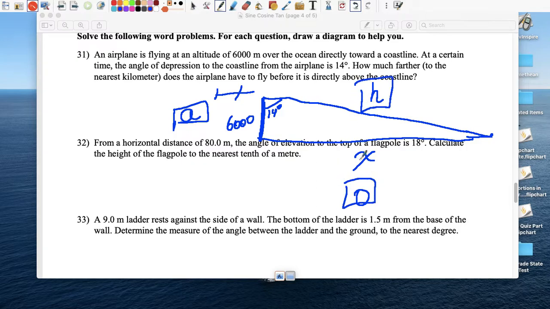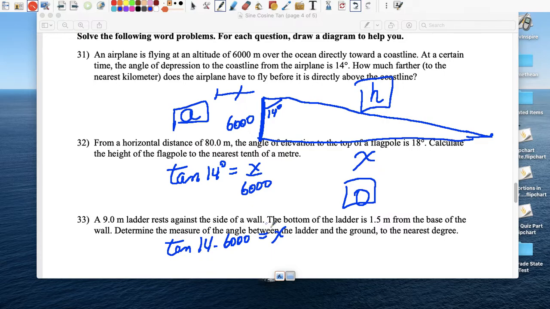So I have adjacent and opposite, so I'm using tan. Tan of 14 is x over 6,000. Cross multiply, we get tan of 14 times 6,000 equals x. So find what tan of 14 is, and then multiply times 6,000.